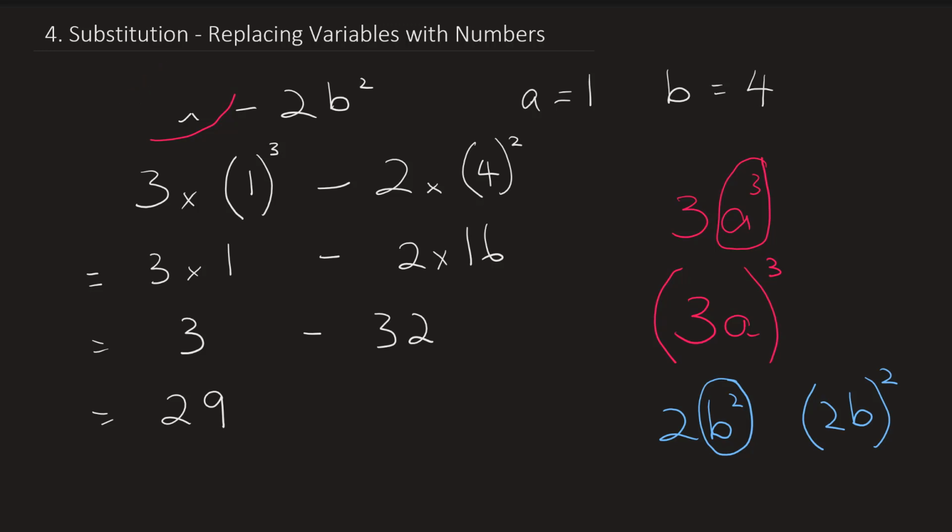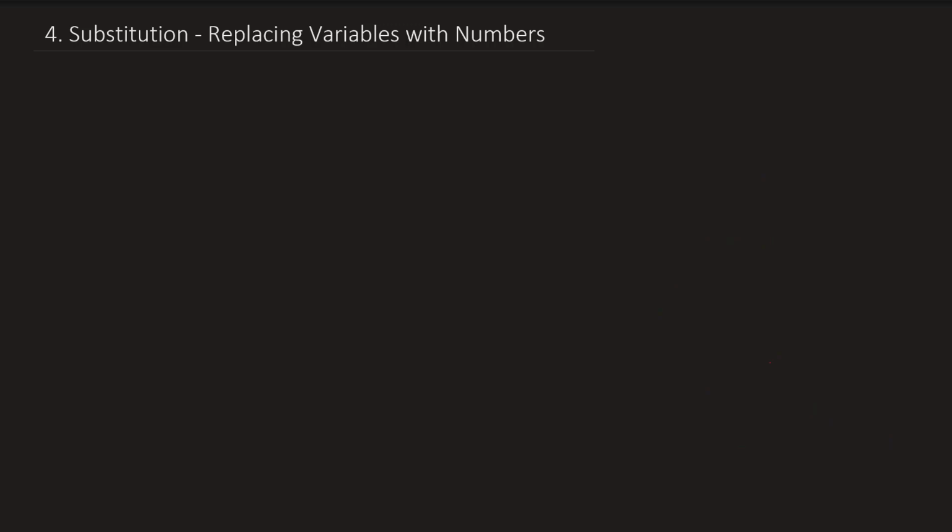Great, let's move on to another example. Okay, this next example looks like this: 2b squared plus a raised to the power of 5 over 2 minus 3. And in this case, a is going to take the value of -1 and b is going to take the value of -3.